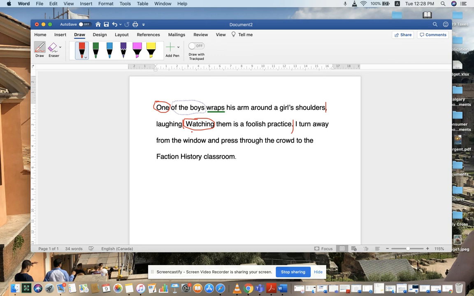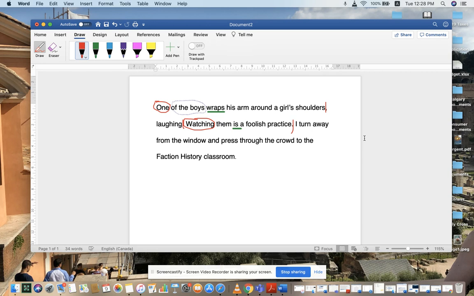We can say to watch or not to watch, or you can say to watch them is. But in this case, the author simply, once again, took the verb to watch and changed it to a participle and put it at the very beginning, which means that it is the subject of my sentence, and our predicate is. Okay? Linking verb, nothing ing after this, so it's a linking verb.